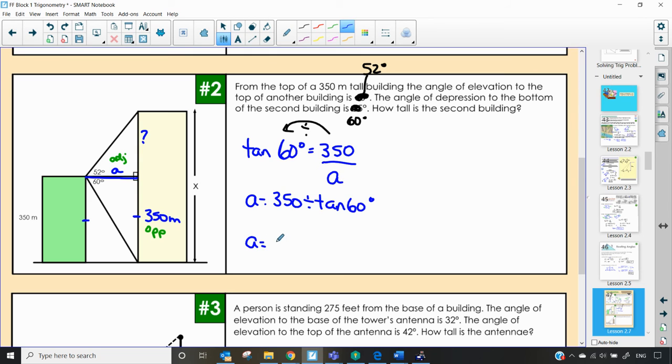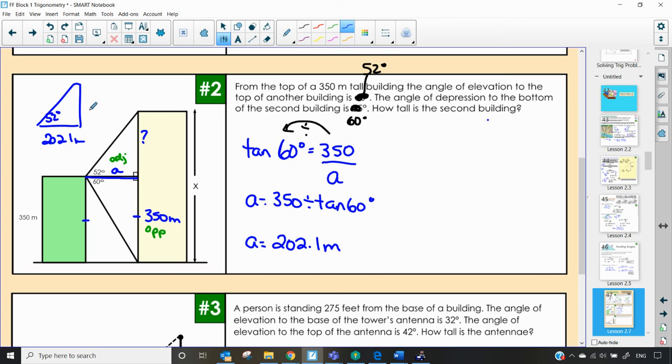And that gives us 202.1 meters. Now we're going to use that amount for the next question. So if I wanted to redraw that triangle, let's redraw it over here. I now know that this side here is 202.1. Again, that's a rounded value in my calculator, so I'll type that in here shortly.